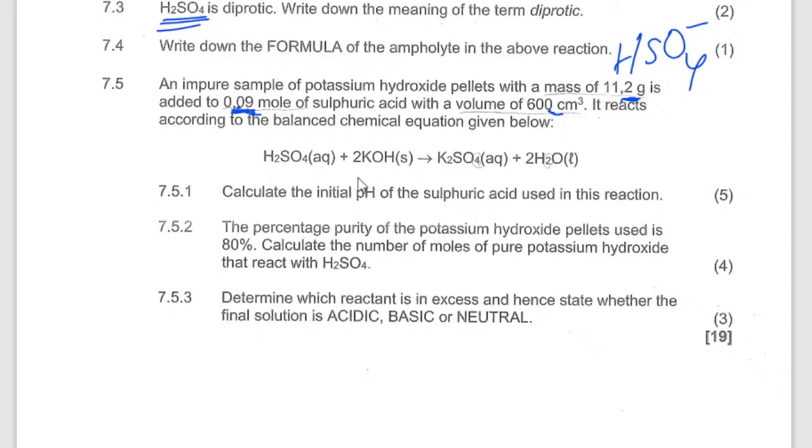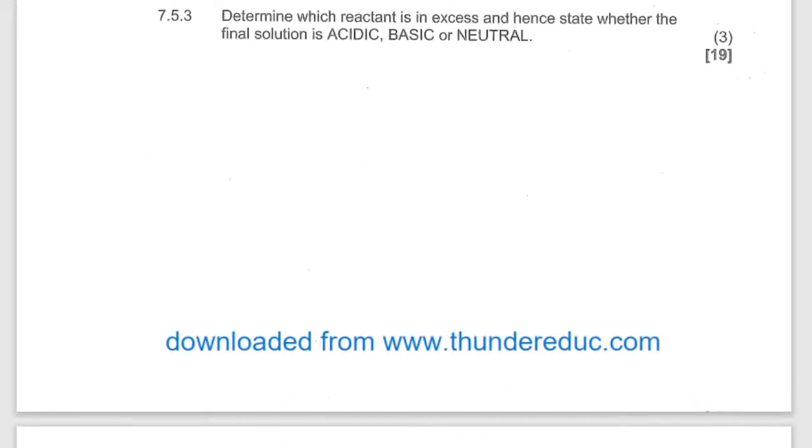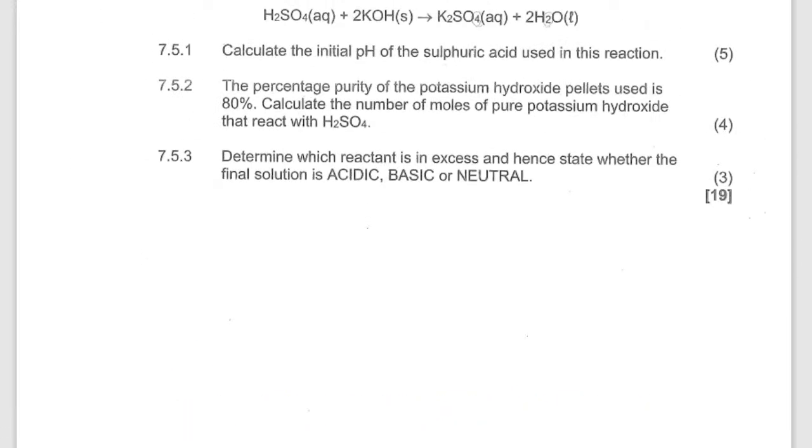They're asking you to calculate the pH of the sulfuric acid. So what are you going to calculate here when it comes to the pH? Don't forget that pH is equal to negative log of hydrogenium ion concentration, negative log.